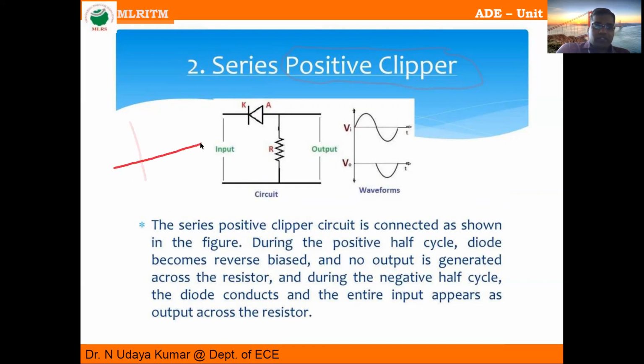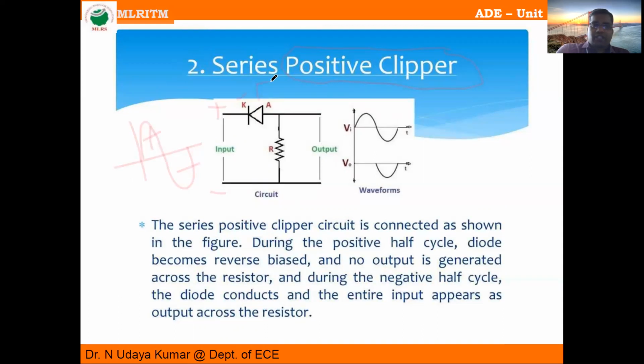Now I am giving the input signal. This one is plus, this one is minus. In the first half this one is positive, this one is negative. So the positive terminal is given to the cathode, meaning the cathode has negative charge. Negative charge and positive charge are attracted. So junction width increases.